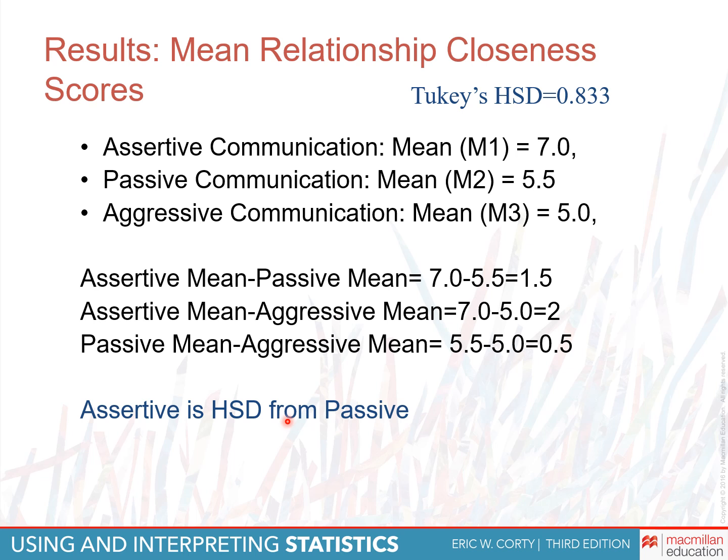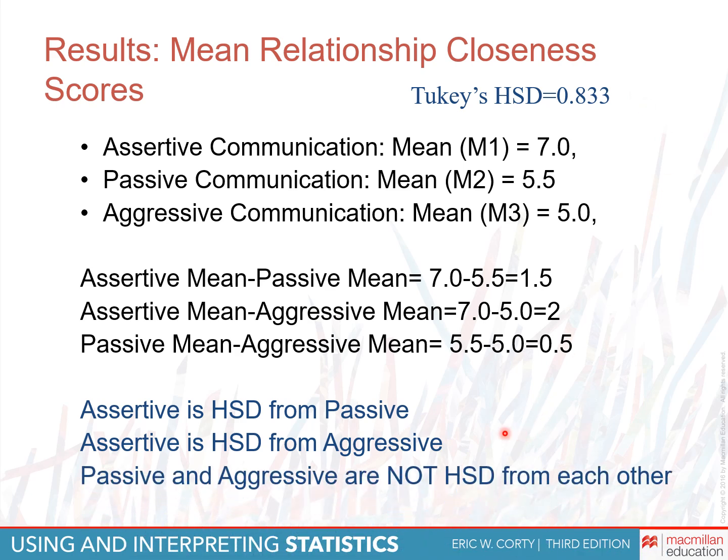So again, just to review, the assertive group is honestly significantly different from the passive group because the difference in their means is greater than Tukey's HSD. The assertive group is also honestly significantly different from the aggressive group because the difference in their means is 2, which is larger than that Tukey's HSD of 0.833.